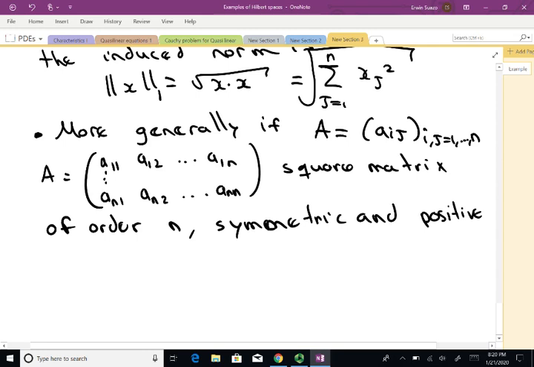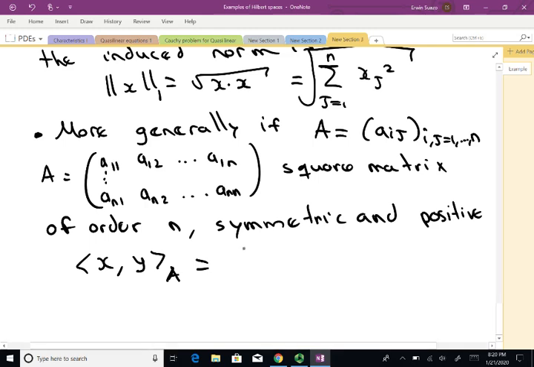Then you have the inner product, because this is x and y. Oh no, this x and y are in Rn, sorry. So you can use any matrix that is symmetric and positive. If you don't remember what symmetric and positive is, just look it up on Wikipedia.